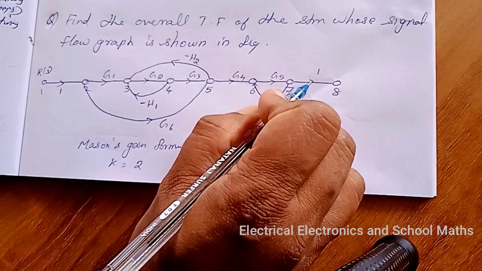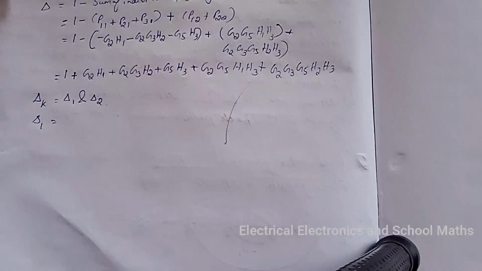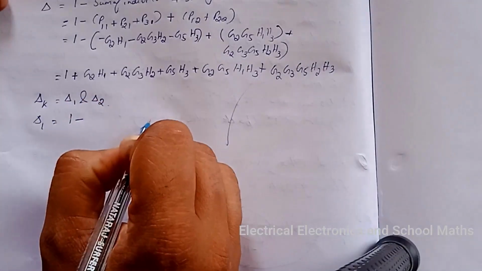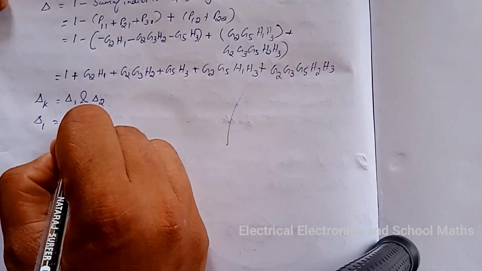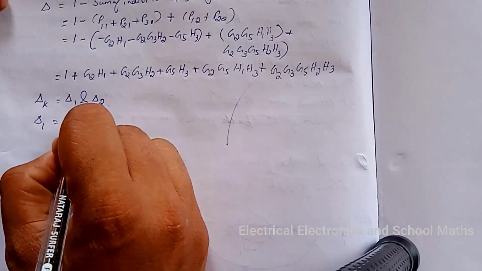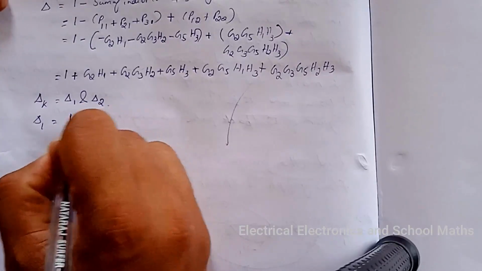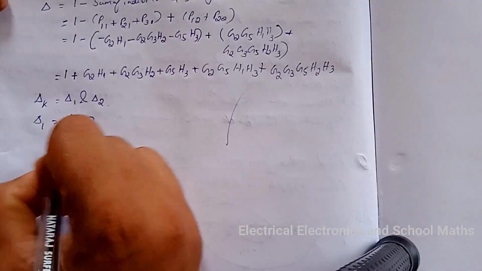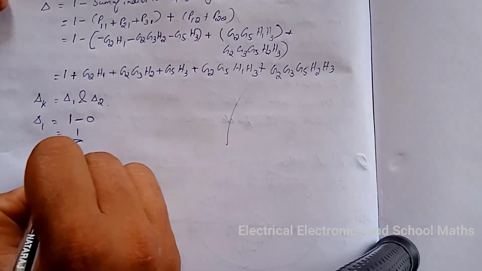So delta will be equal to 1. That is, delta 1 is 1 minus sum of individual loop gain. So for the first forward path there are no loops which are not touching this first path. So 1 minus 0, that means 1. Now we have to find delta 2.